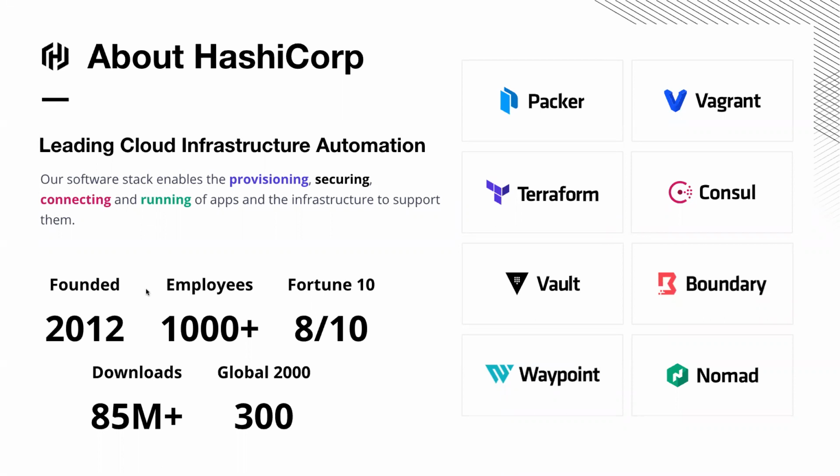Again, you may know us better from our products such as Packer, which we use to create images, Vagrant, which developers also use to manage virtual machines. We have Terraform for provisioning infrastructure, Consul for network automation, service discovery, and so on. We'll see that in a bit more detail in a moment.